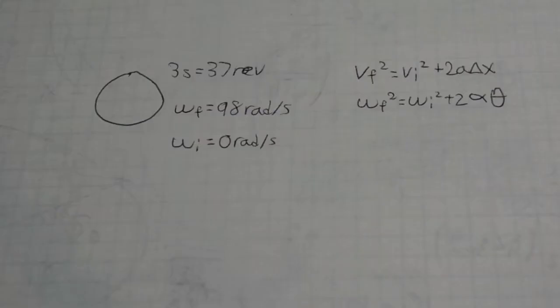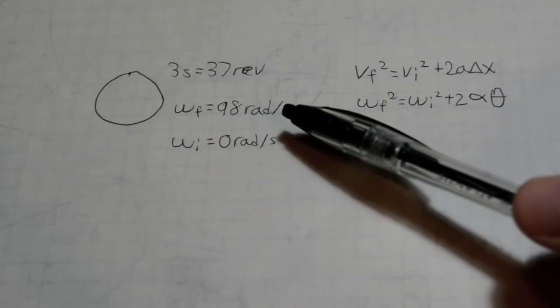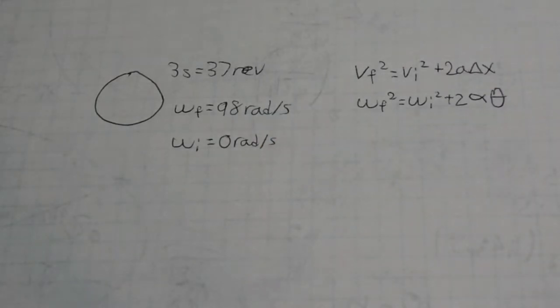The first step is converting 37 revolutions into radians, because remember, our angular velocities are given in radians.